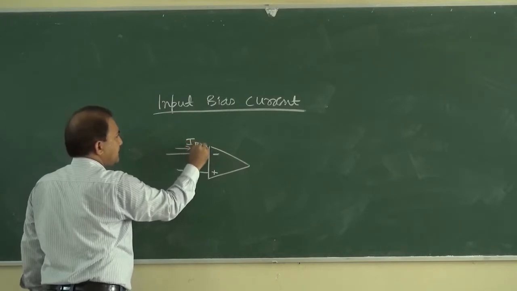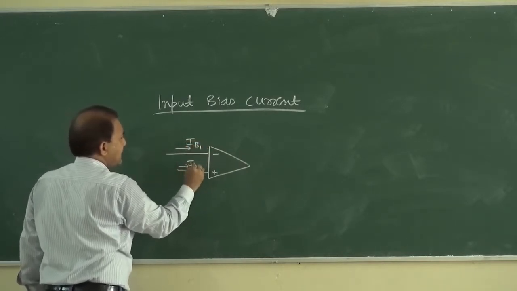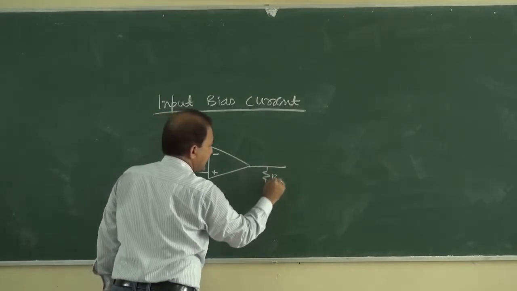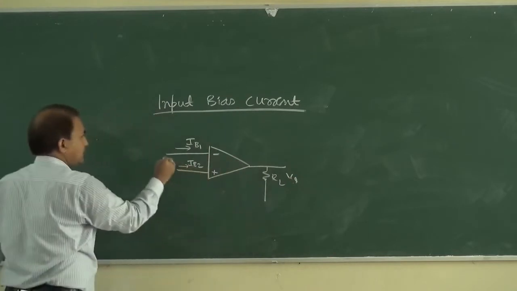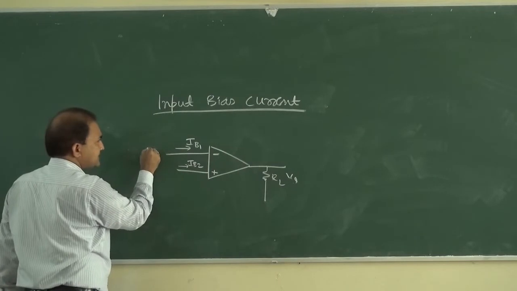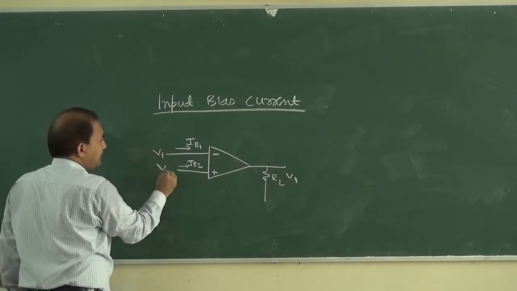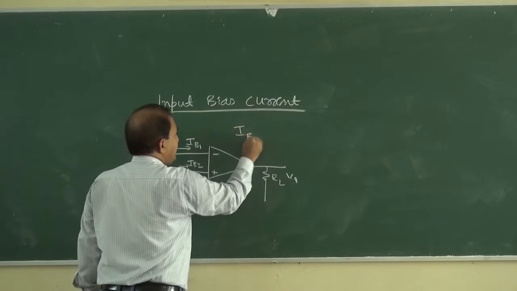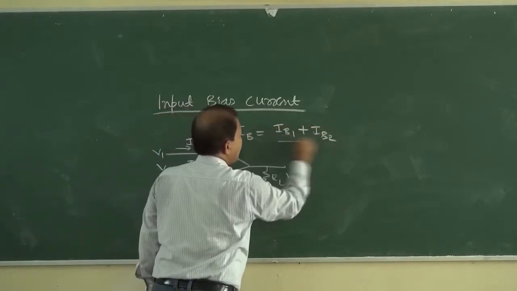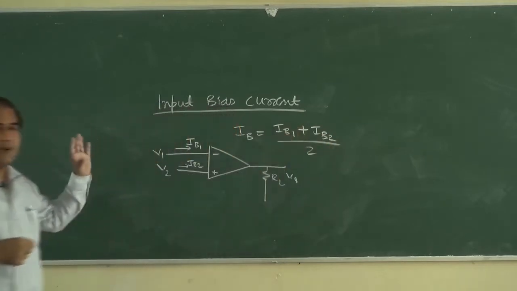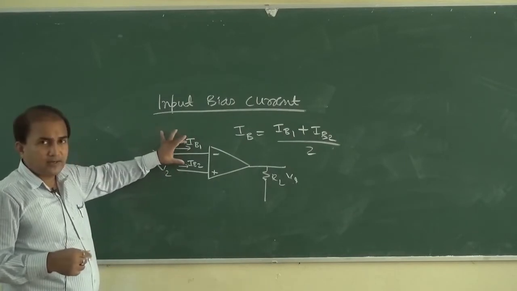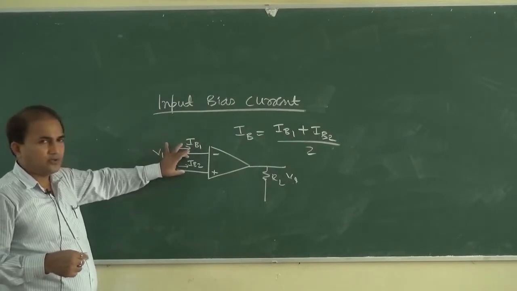Suppose this is IB1 and this is IB2, and this is say RL and V output, and say these are V1 and V2. So IB is equal to IB1 plus IB2 divided by 2. So input bias current is the average of the two input currents, IB1 and IB2.